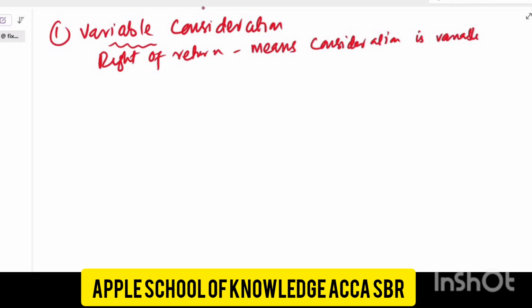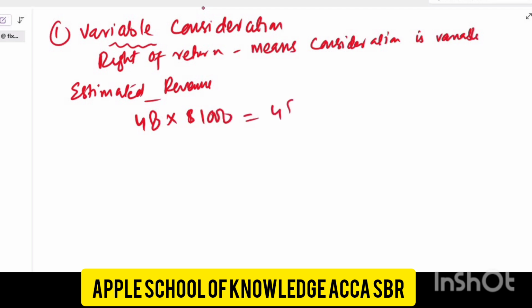Now the estimated revenue. Based on the experience, 48 multiplied by $1,000 gives you $48,000. This is the estimated revenue, which is highly probable to be retained without significant reversal.